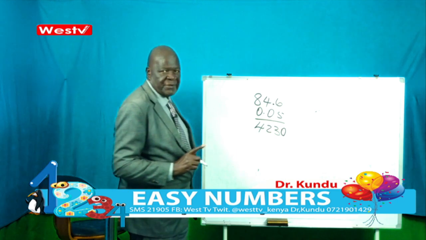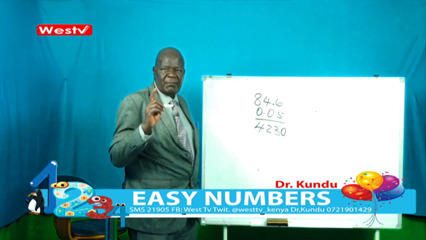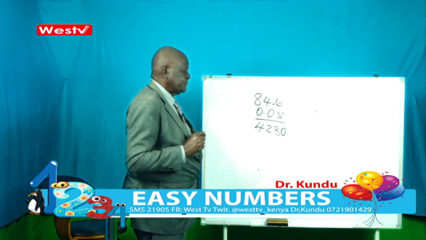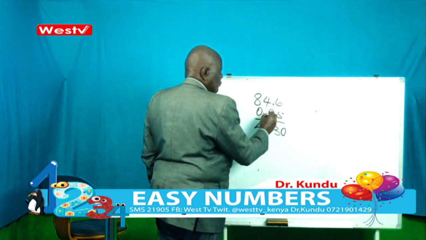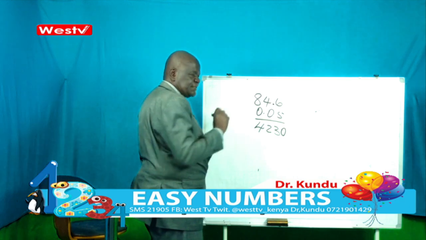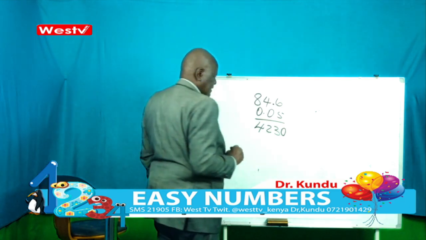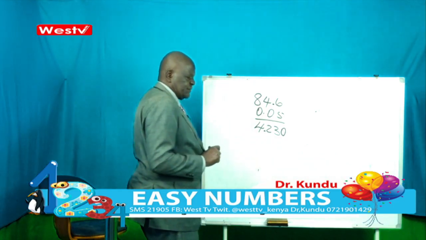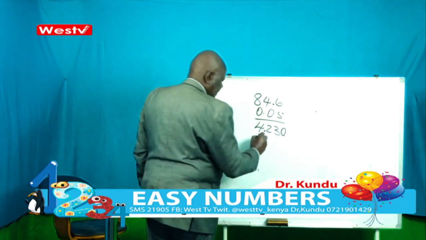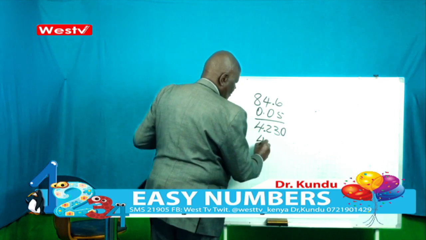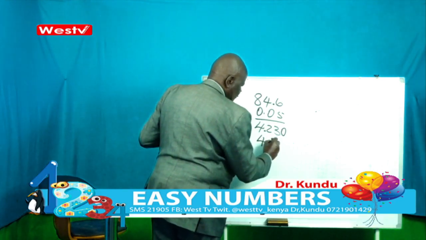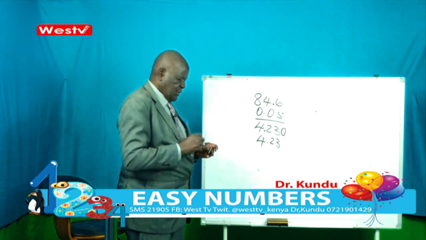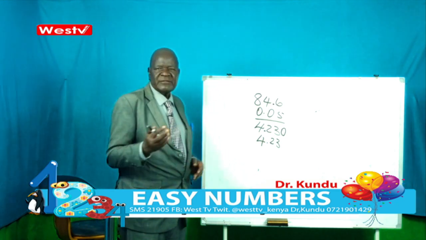Once you reach that point, then you come back and consider the decimals in the problem. And how many are they? 1, 2, 3. So put 3 decimal places in this answer. So the answer is 4.230, which can also be correctly written as 4.23. And that's your answer. You have no struggle at all.